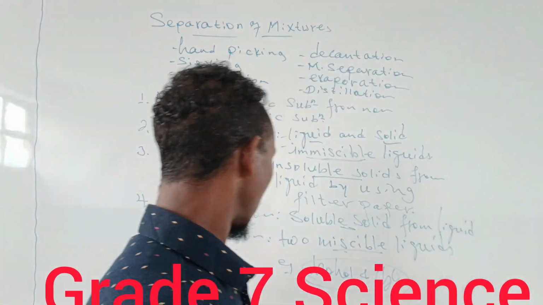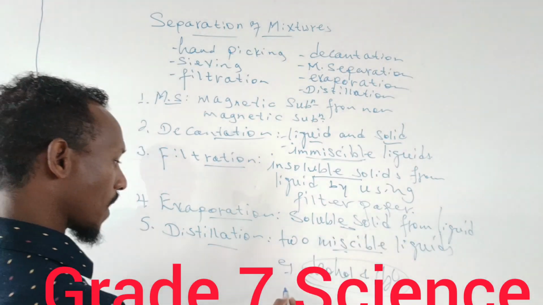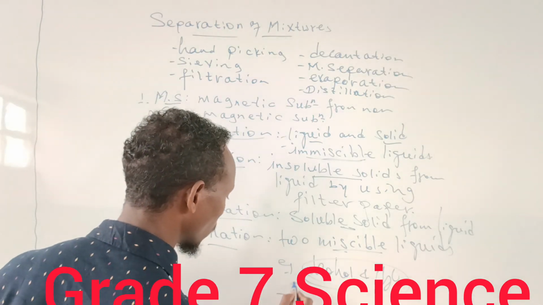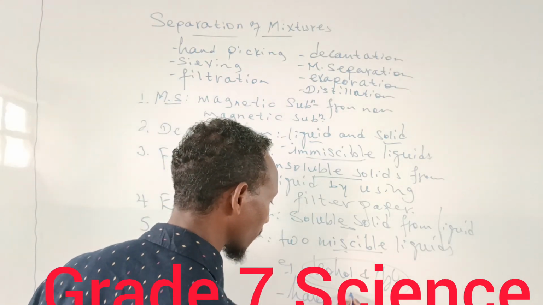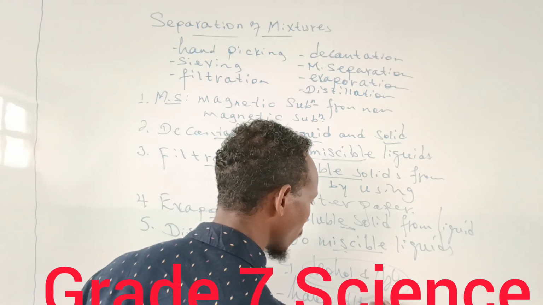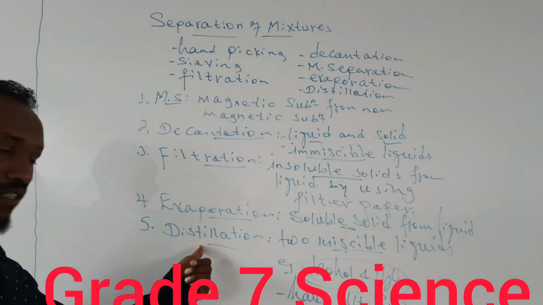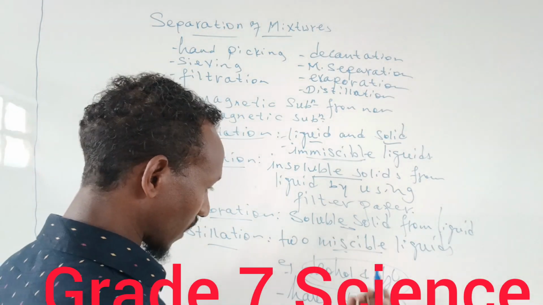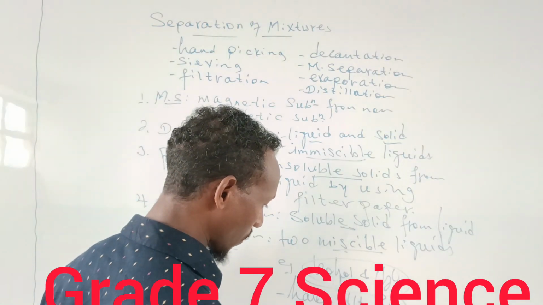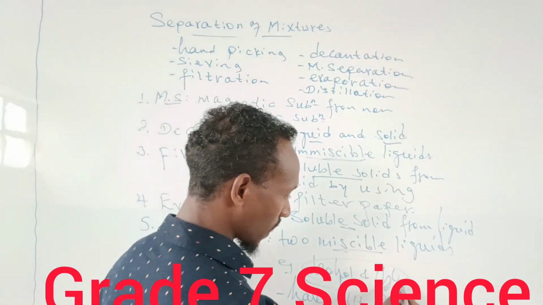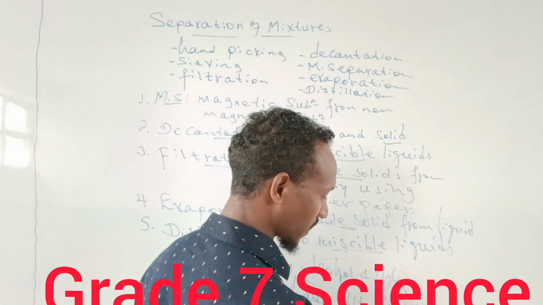Distillation is also used to separate two liquids that have different boiling points. For example, the boiling point of alcohol is 78 degrees centigrade, and the boiling point of water is 100 degrees centigrade.